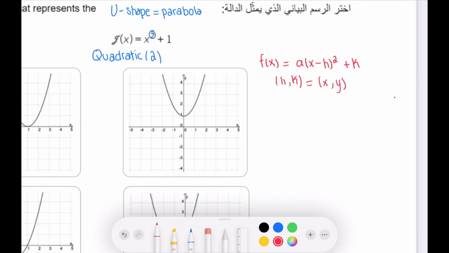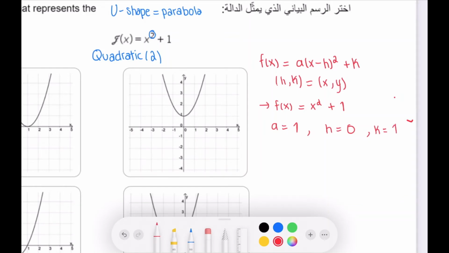So in this function, f of x equals x squared plus 1, a would be 1, h would be 0, because here we don't have h, we don't have anything in the brackets, we don't even have parentheses in general, and k equals 1.